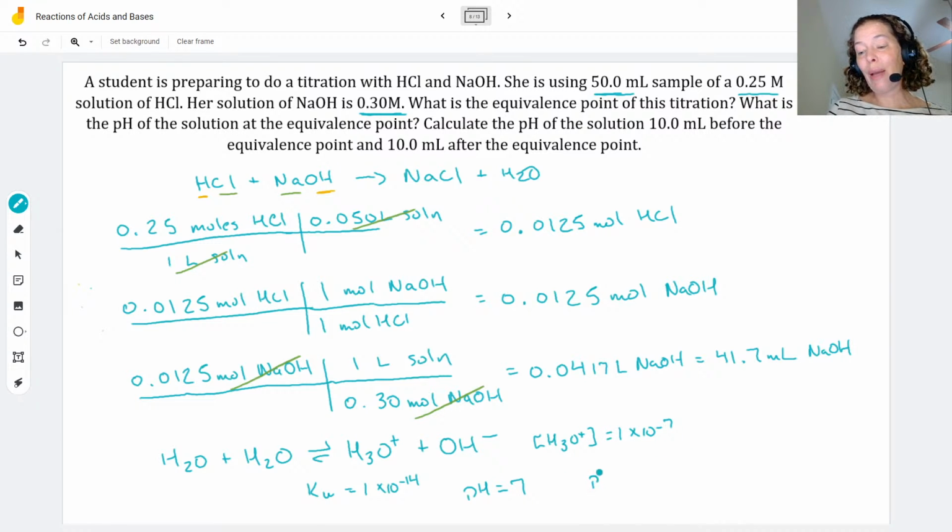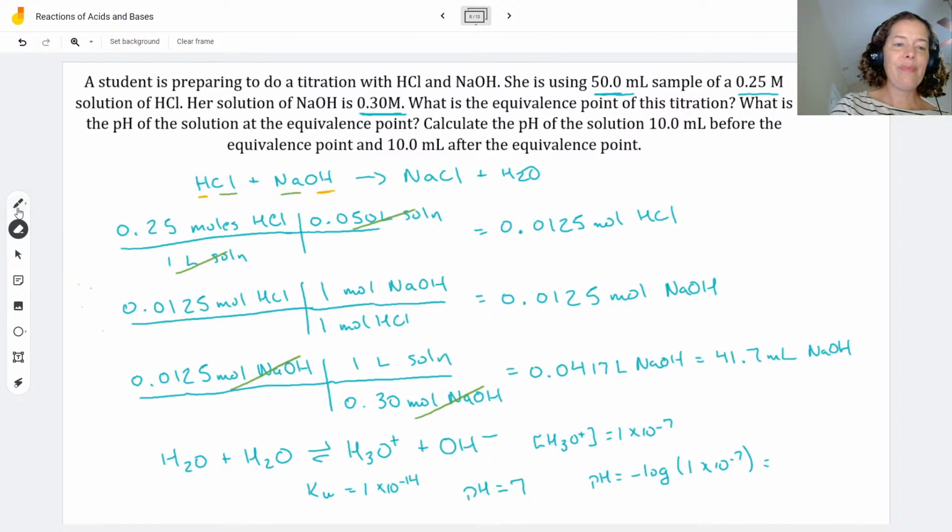So if I do my pH equals negative log of 1 times 10 to the negative 7th, guess what? I get a pH of 7. This is why pure water has a pH of 7. It doesn't just magically appear. It actually has a basis in the equilibrium concentrations of hydronium and hydroxide of pure water.